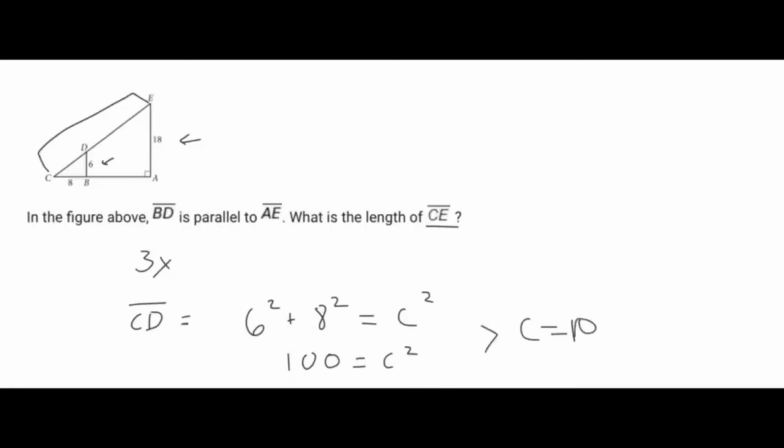So in our case, C would just be the side length of side CD. Because we know the scale factor is 3, we apply the scale factor to our value of 10. And so ultimately, our final answer for the length of side CE would be 3 times 10, which would be 30.